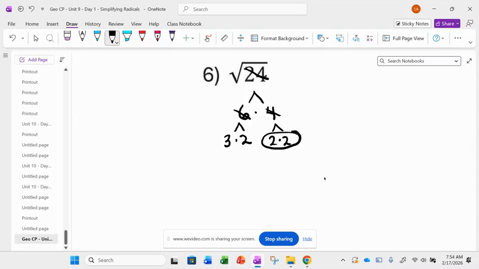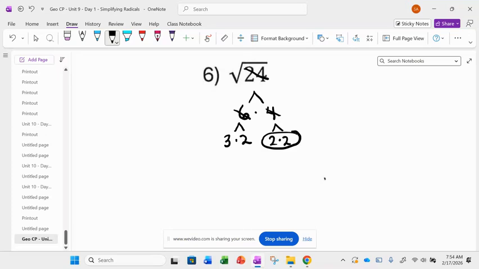It's not giving me what? 2 of the same number. Remember, our whole point in breaking this down is to keep looking for 2 of the same number. So you keep breaking it down if you're going to keep getting 2 of the same number. So if you don't know if you're going to get 2 of the same number, you keep breaking it down. But if I said, oh, well, I know 6 is just 3 and 2, that's not going to give me another pair. I can just leave it.